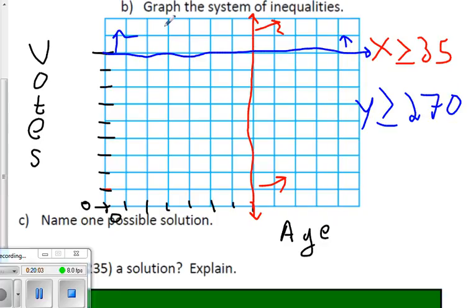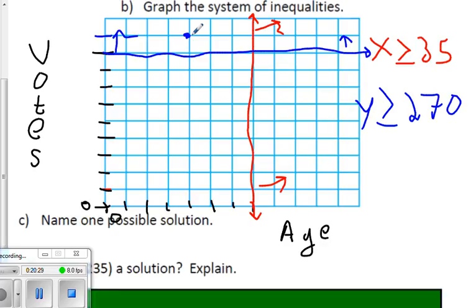Now, let's say you got somewhere over here, you got at least 270 votes. We'll say this next one up here would be 300. So let's say you got 300 electoral votes, but you're only 5, 10, 15, 20 years old right here. Because this isn't shaded in both areas, this would not be okay for you.